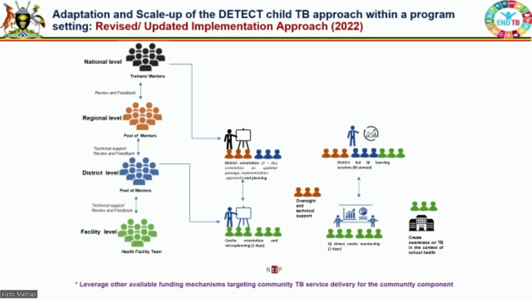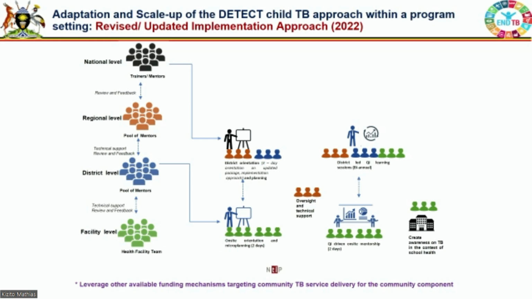For the Southwest region, we have 4 districts that are part of the 50 districts, and we have identified regional mentors. So these mentors will interact with the district level. And if you notice, the black stops at the district orientation.